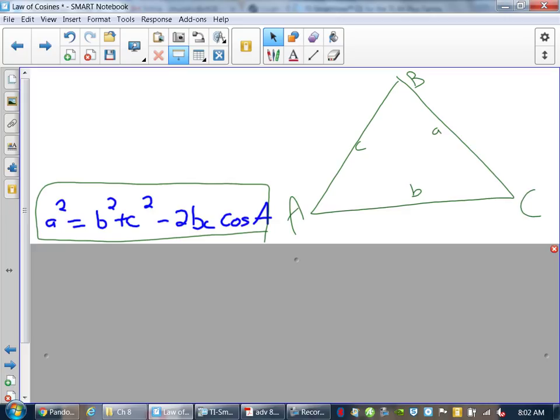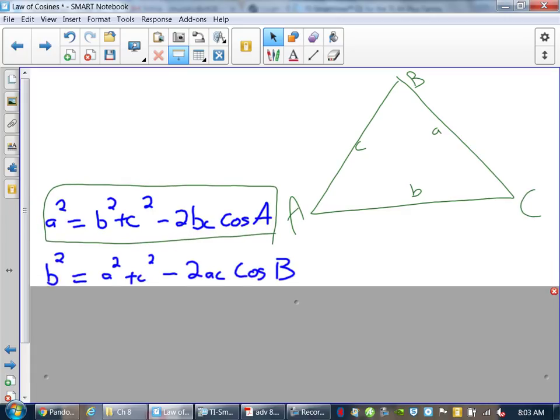So what I want you to look at is when you have these different scenarios, take a look at what's on the ends. You have little a on one side and big A on the other side. Little a squared, big A for the angle is on the other part.